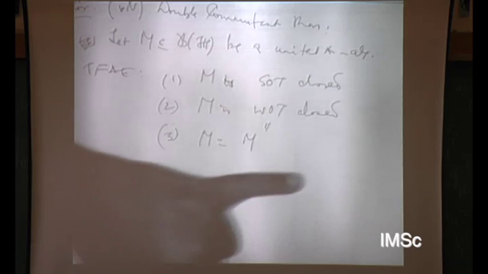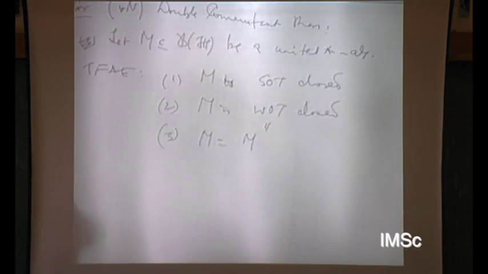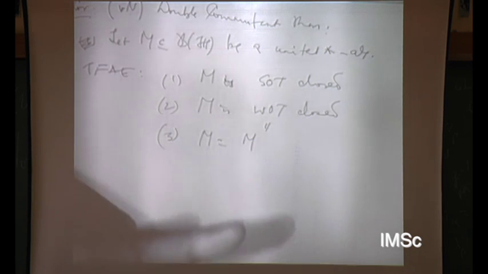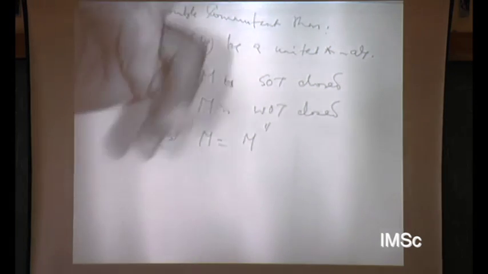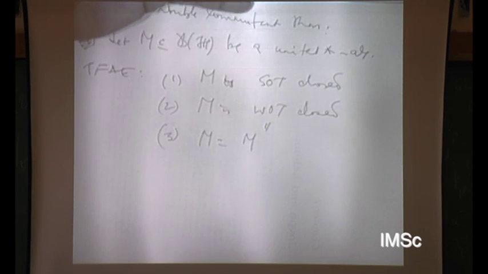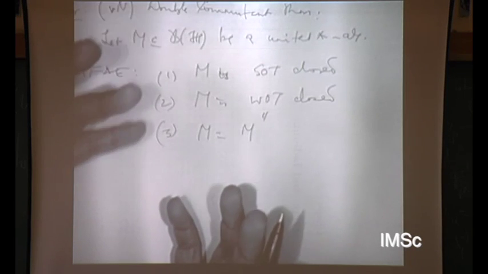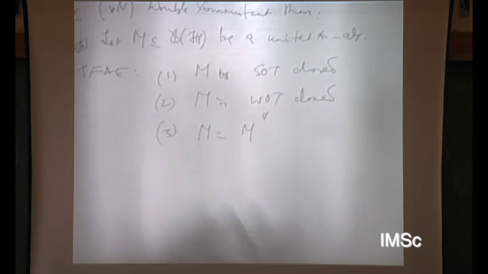So this 3 is a purely algebraic requirement on M, whereas 1 and 2 are these topological requirements on M. And it says that there's something fantastic about this structure, that having this algebraic property is equivalent to having this topological property.